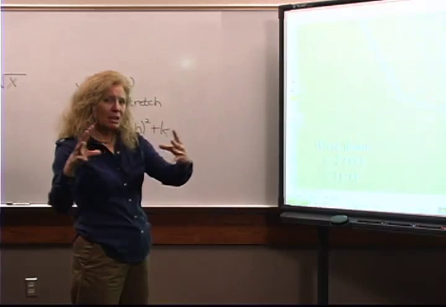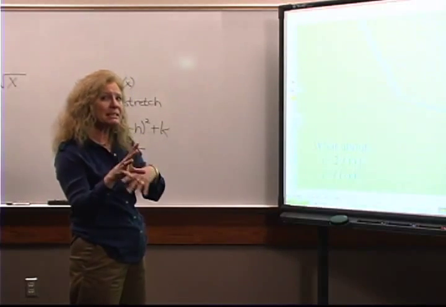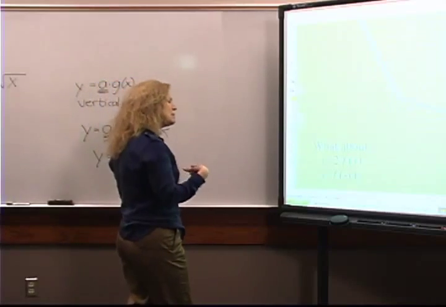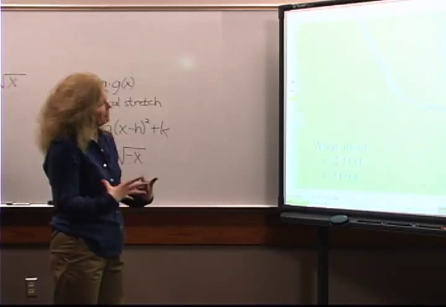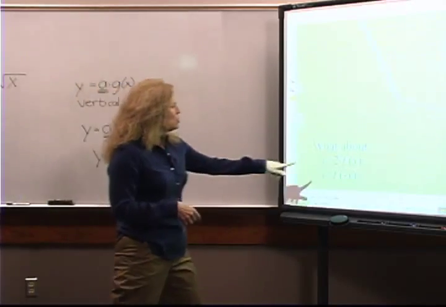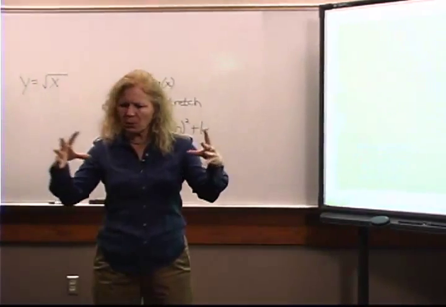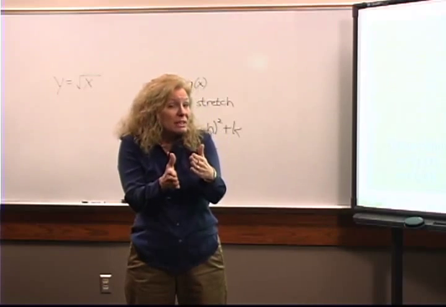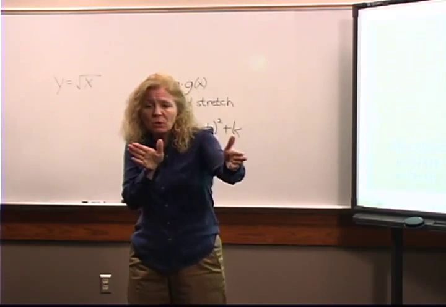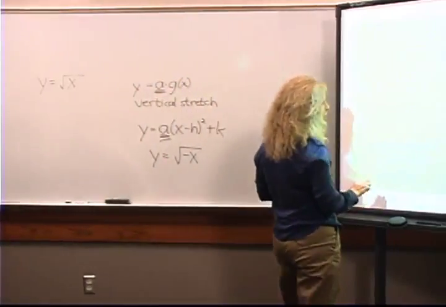It's all about your horizontal stretch or compression and flips. And I will tell you that in this particular course, a lot of times we focus primarily just on that flip. So this guy's going to flip. Now keep in mind, the horizontal stretch compression, that's all in relation to the y-axis. So what's the negative going to flip me over? The y-axis.